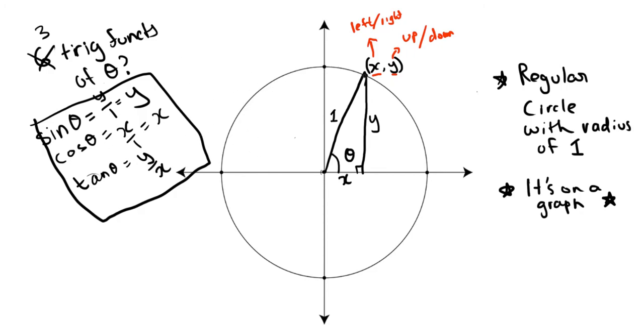Okay, so now I hope you noticed something. If these were not just x and y but actual numbers, then this would still hold true, because the hypotenuse is always 1. If we had any other coordinate, let's say this was 3, 4, then the sine of that is just going to be the y coordinate, or 4. The cosine is going to be the x coordinate, or 3.